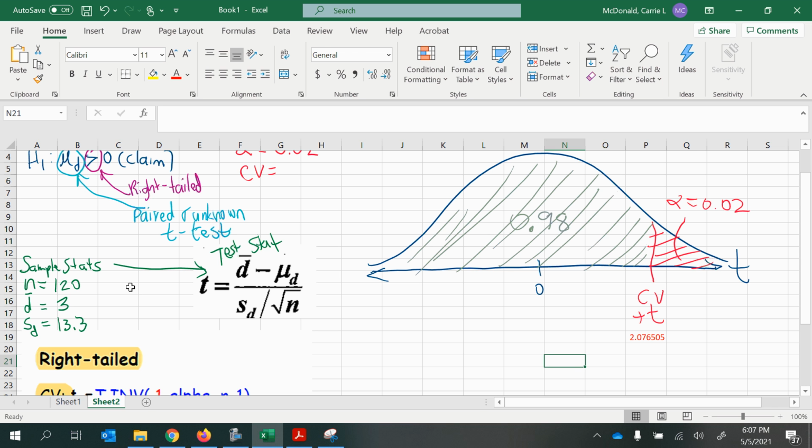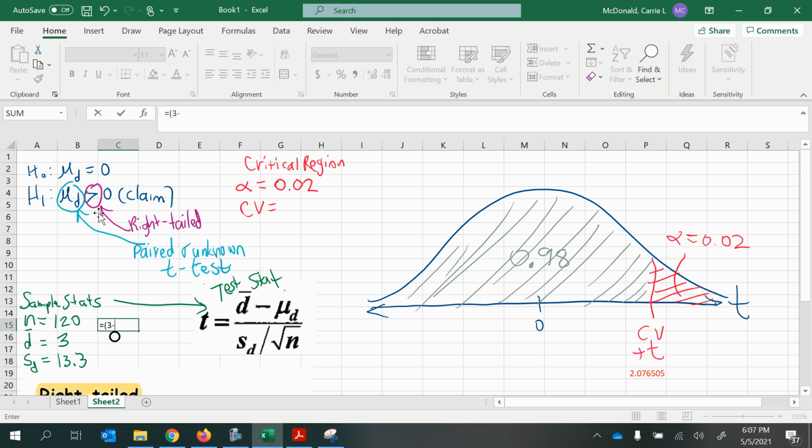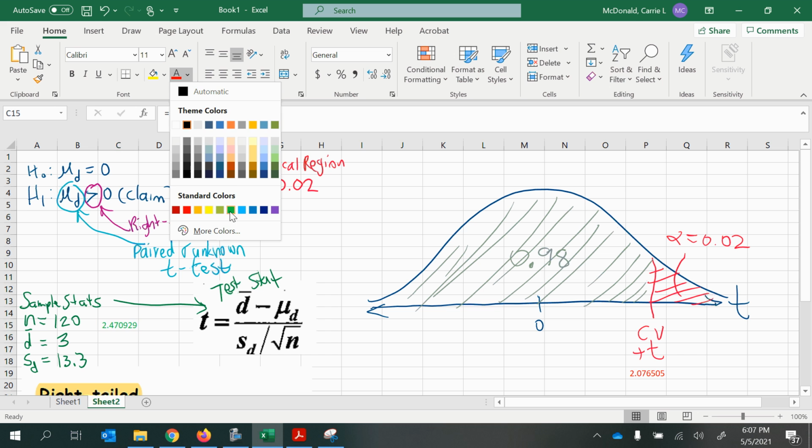So in the numerator, we're going to do d bar, 3, minus the mean in the null hypothesis of 0, divided by, in the denominator, the sample standard deviation 13.3 divided by the square root of n, which is 120 here. So this is what it should look like. And then when you calculate it, this is what you should get. That's your test statistic.